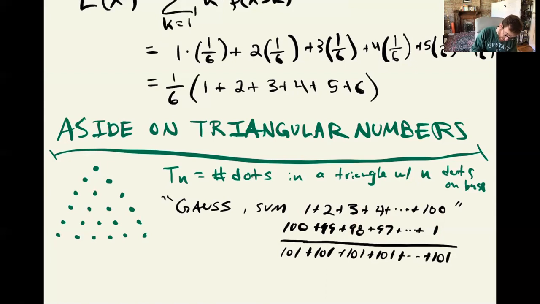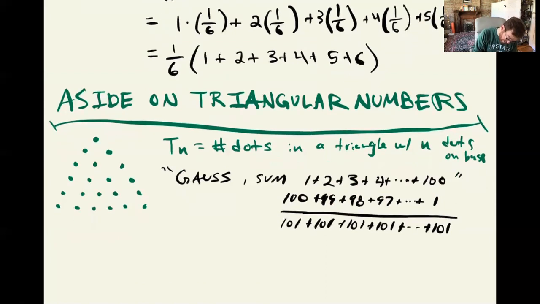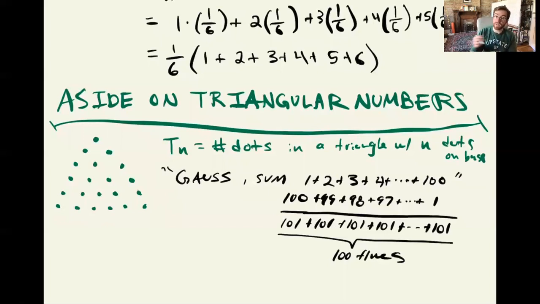So if you sum these up, well, there are 100 of these. And that's just the same thing as multiplication, right? Adding something to itself k times is the same as multiplying by k. So the value of this sum was 100 times 101.